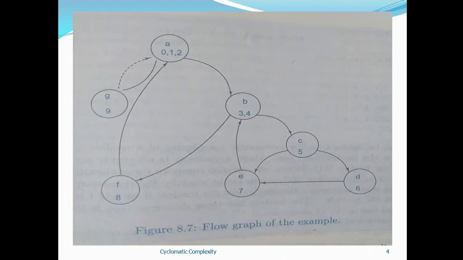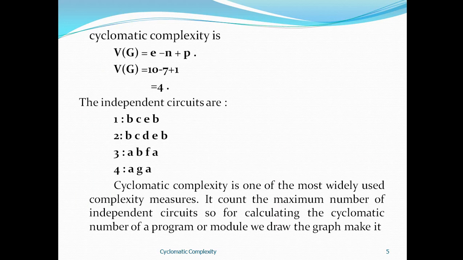This graph contains 7 nodes and 10 edges, and implementing the formula E minus N plus P: edges is 10, nodes are 7, and programs is 1. 10 minus 7 plus 1 equals 4. We obtain 4 independent circuits.